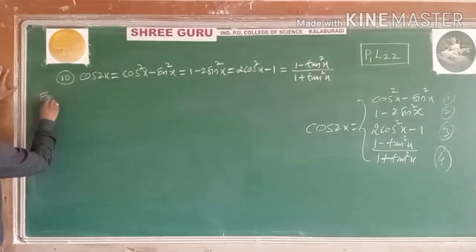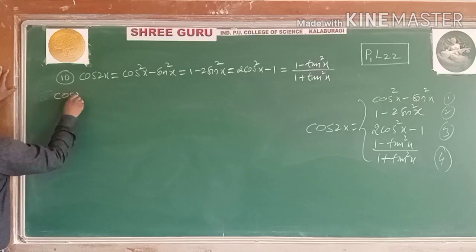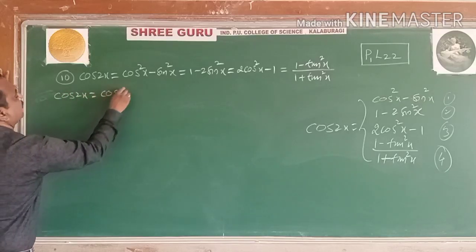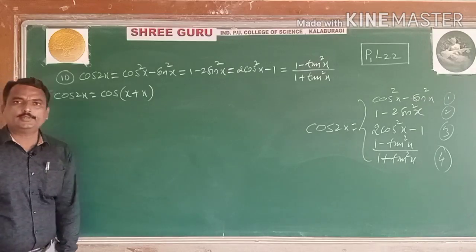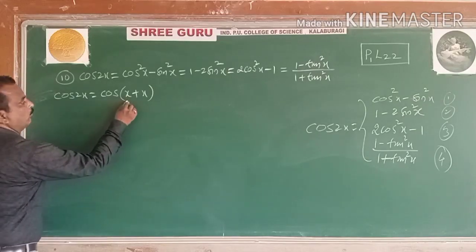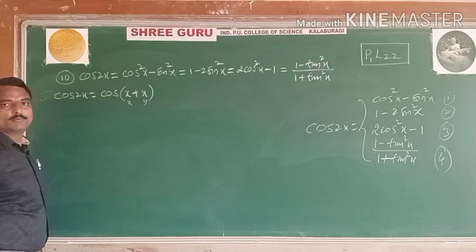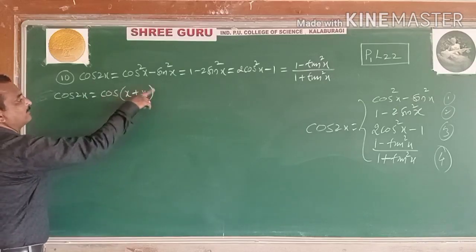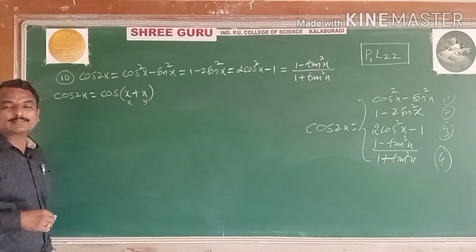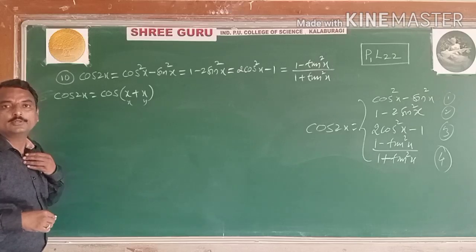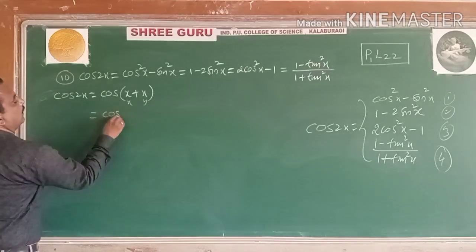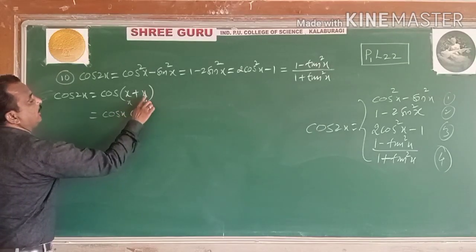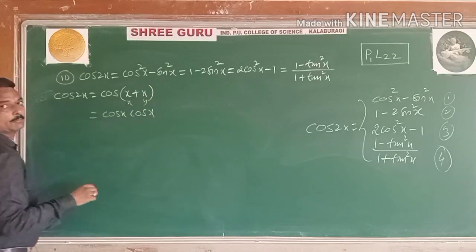So see, cos 2x. Shall I write cos 2x as cos of x plus x? Both are x, so take x and y. So cos of x plus y becomes, friends, expanding: cos x cos y, plus or minus?